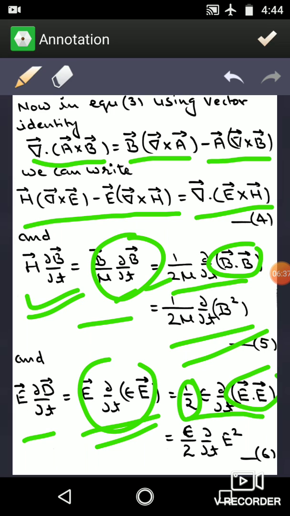Therefore, finally E dot del D upon del t is equivalent to epsilon by 2 del upon del t of E square. Let this equation be named 6, this equation 5, and this is equation number 4. Using these three equations in equation 3, what do we get?